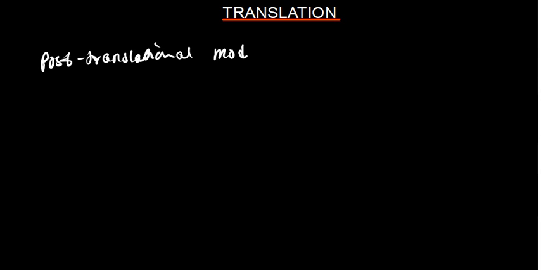What happens after translation? This is what happens now. There are two types of post-translational modification. The first one is chemical modification, and the second one is structural modification.